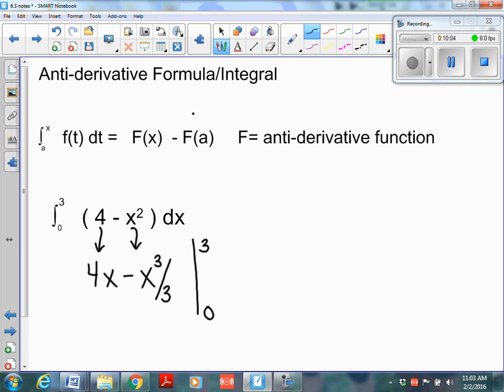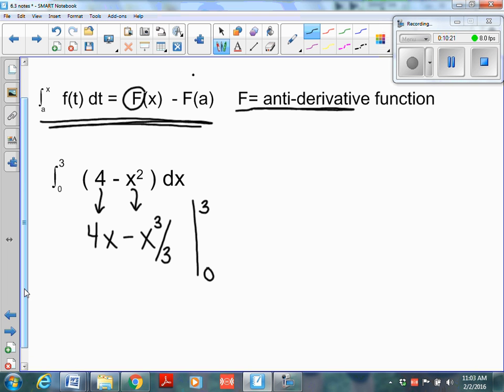And all they're saying is this is the formula to find the antiderivative. The big F stands for the antiderivative. So 4x is really the big F, and then x cubed over 3 is the other big F. And you take the top minus the bottom, so you plug 3 in both spots, and now you have to subtract it from plugging in 0.